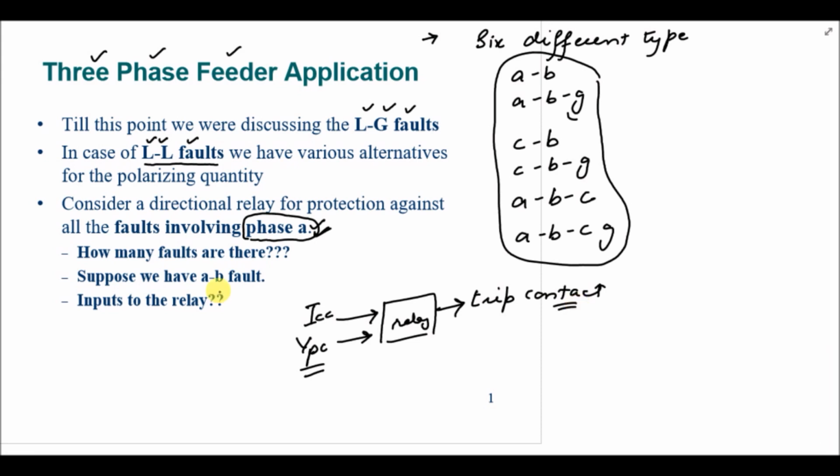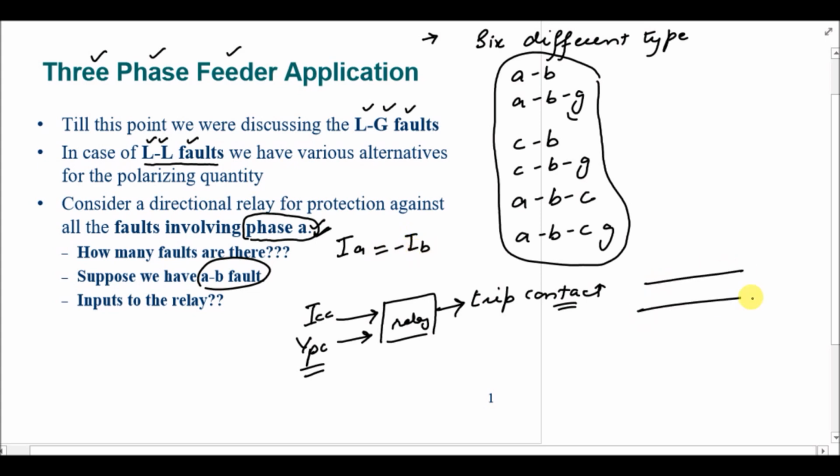So as the fault we are going to assume is AB fault, so there is a current that is flowing from A to B. So if we are considering the current IA, then if we assume it from the B side, that will be minus IB, because if we have, for example, this system in which we have 3 phases, this is IA, this is IB, and this is IC.